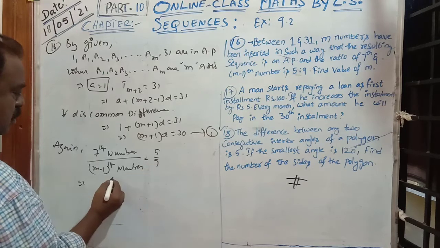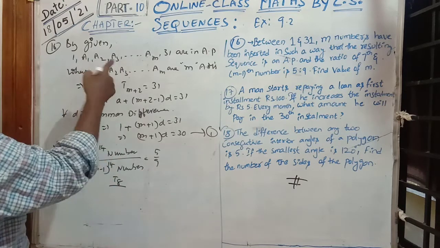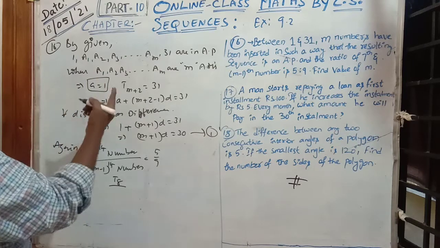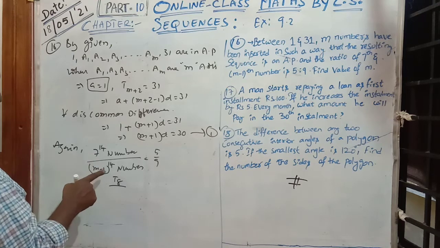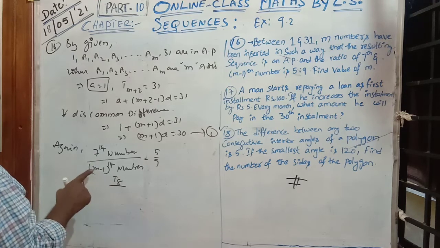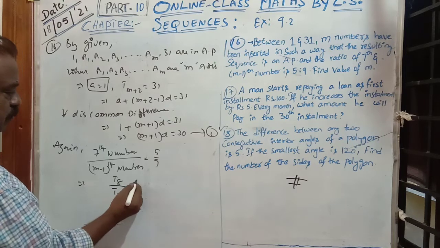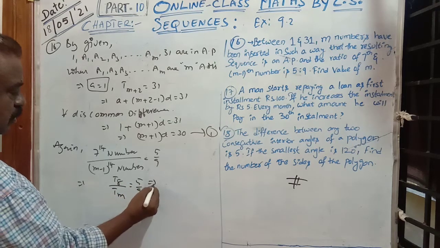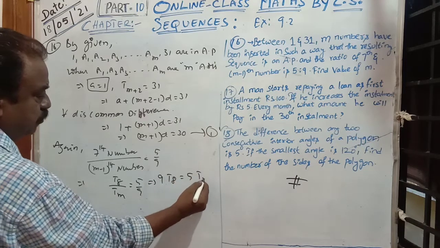That implies it is T8. The (m minus 1)th number means Tm will come. It is 5 by 9. That implies 9 T8 is equal to 5 Tm.